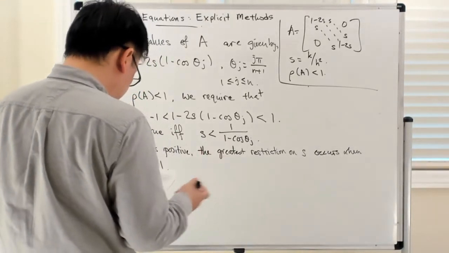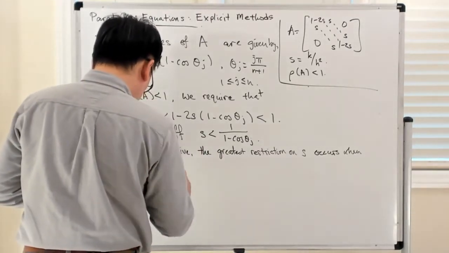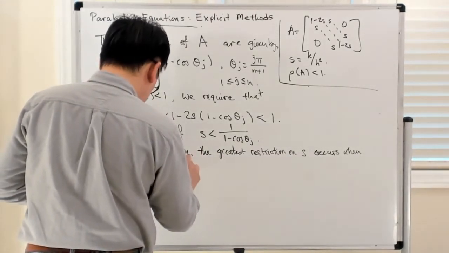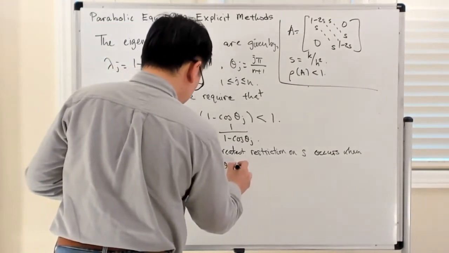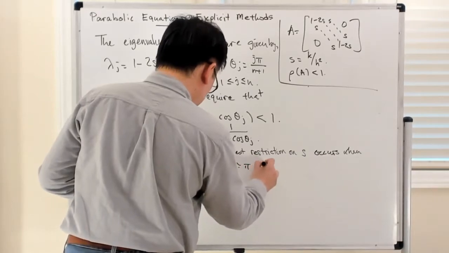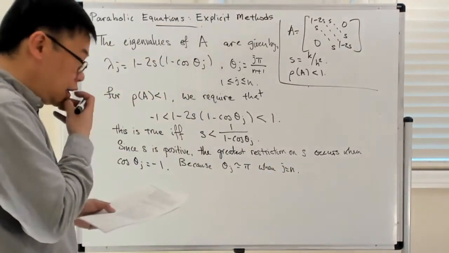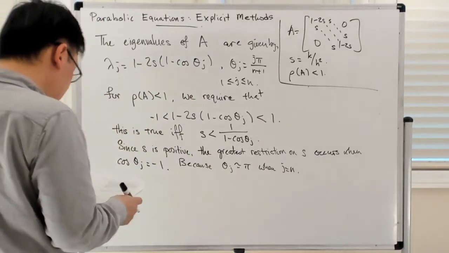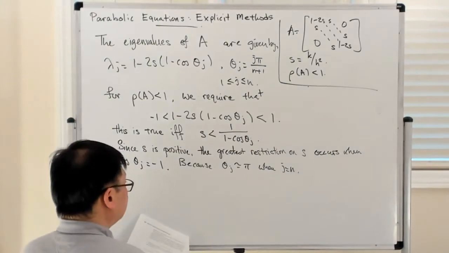Because theta j is approximately pi when j is equal to n, especially for n large, we're just going to require that s is less than or equal to 1 over 2.